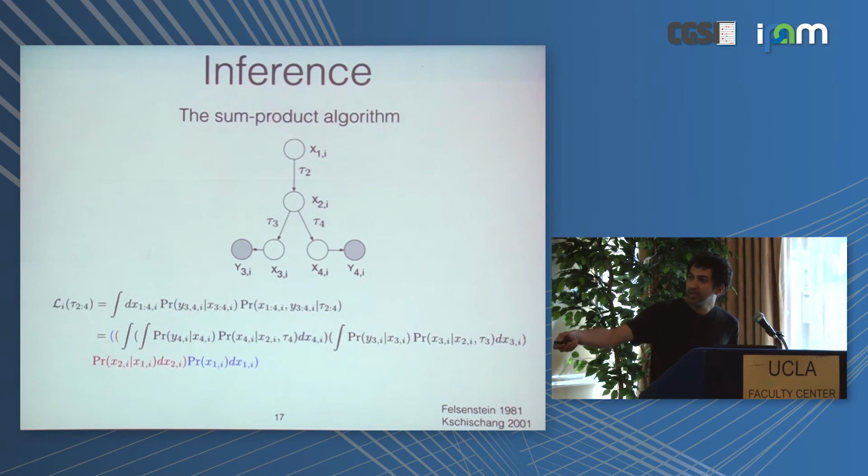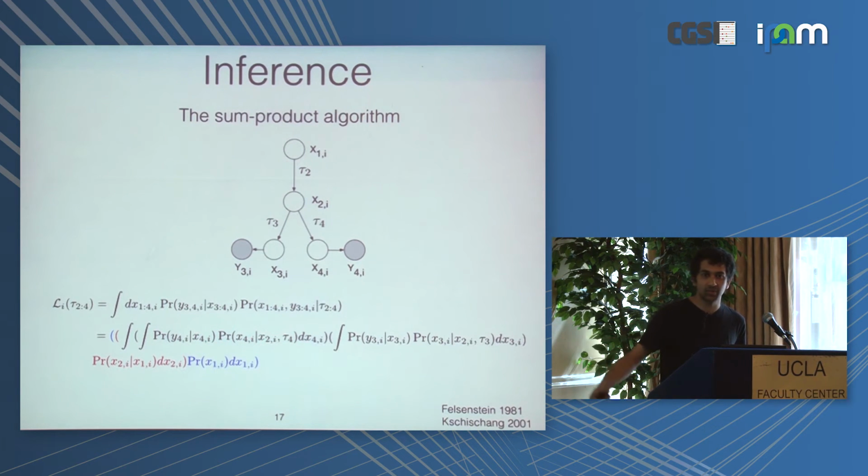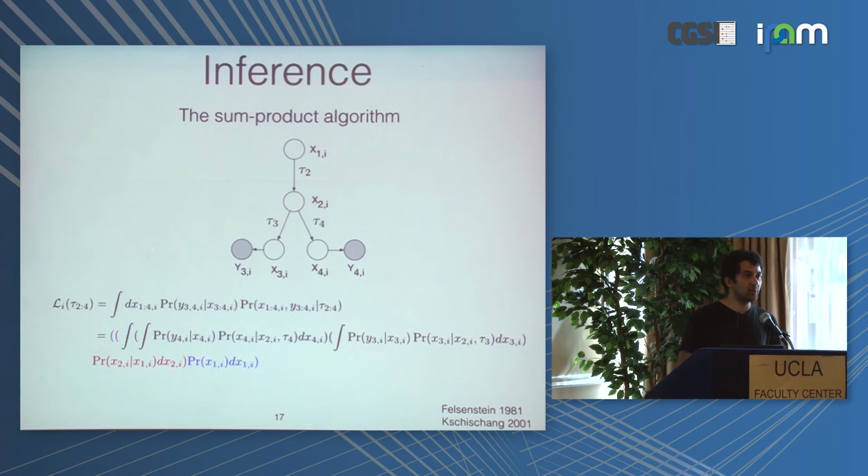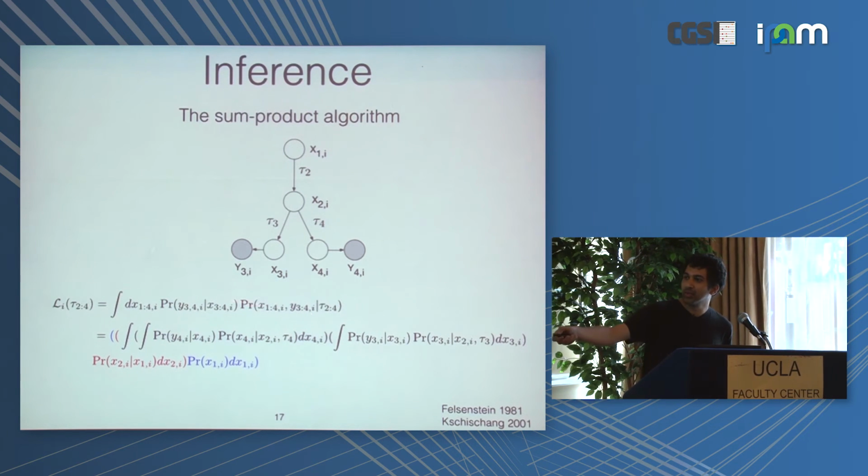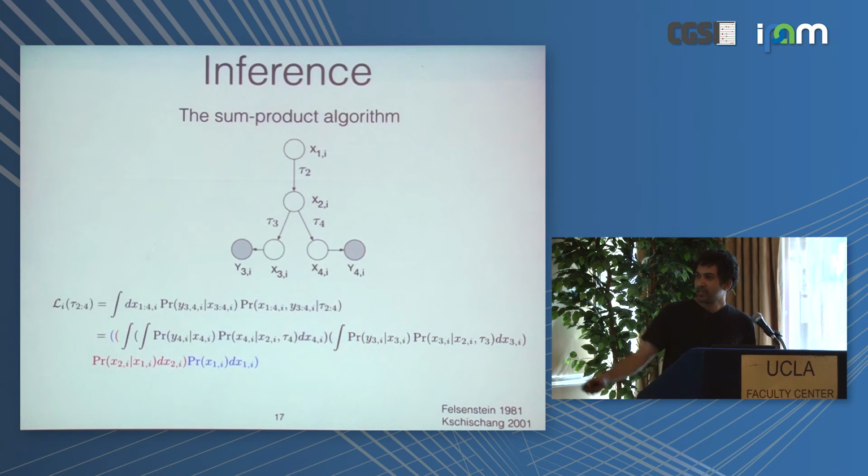Here is one example. If you look at this likelihood, you have x4 appearing in two terms. x4 appears with y4 here, and it appears with x2 here, and those are the only two terms in which it appears. So you'd like to do that computation first. Similarly, x3 appears in these two terms, and you do that computation first.